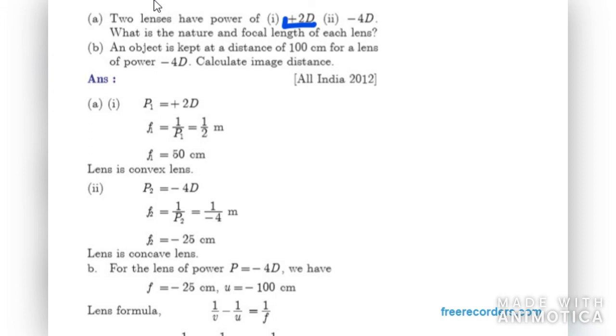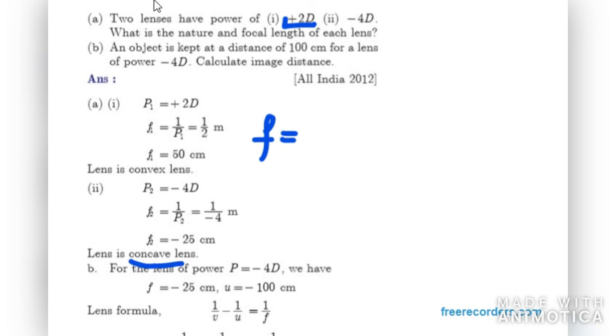So when you solve 1 over 2, it will be 50 centimeter. Now in the case of second part, it is minus 4D. So when you solve this, you will get minus 25 centimeter. Again, as it is minus, that means it is a concave lens. If it is positive, it is convex. If it is negative, it is concave.